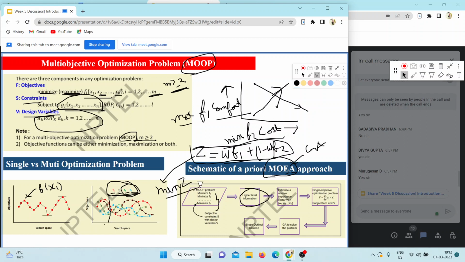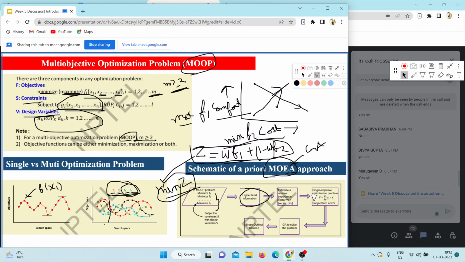So again I am telling, what you do in the MOEA approach, you take all these objective functions, you give some weights to each objective function, and you convert all these objective functions into a single objective function, and then you can solve this problem with a simple GA approach. So that is known as multi-objective evolutionary algorithm.